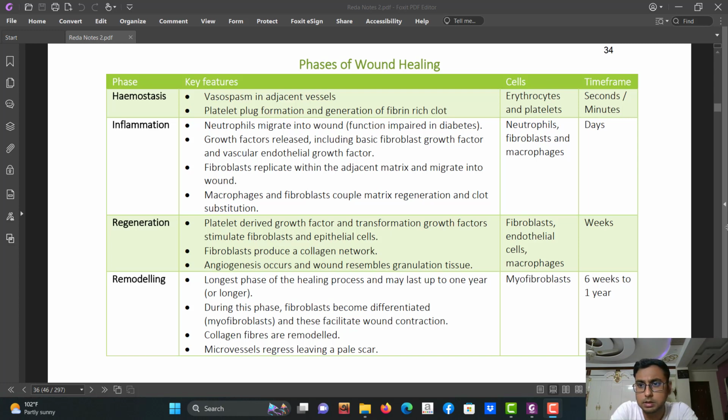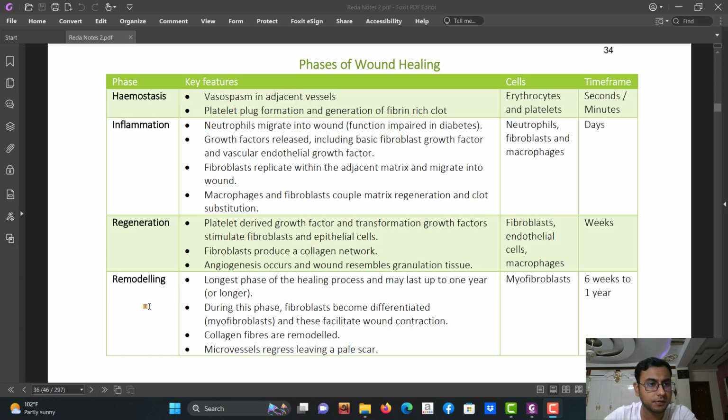So this is the part discussed in the physiology portion, but the topic is from pathology, the wound healing. Firstly, this is the first topic of pathology, that is the wound healing.